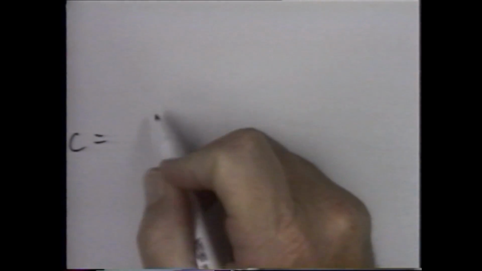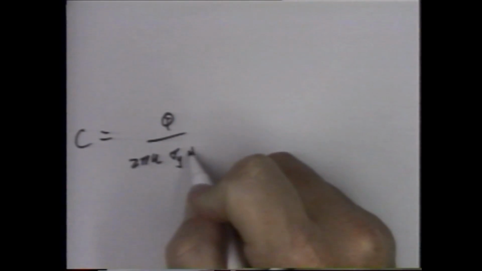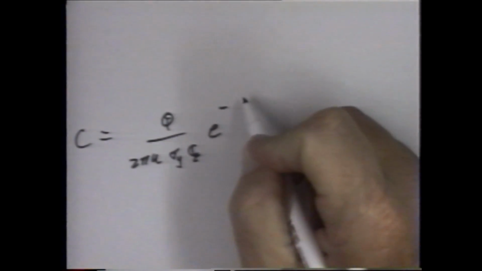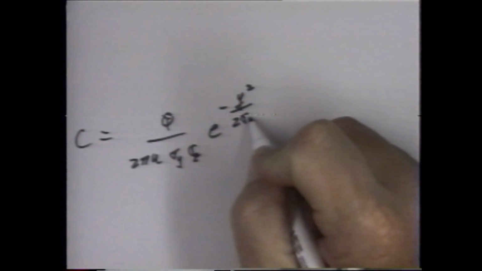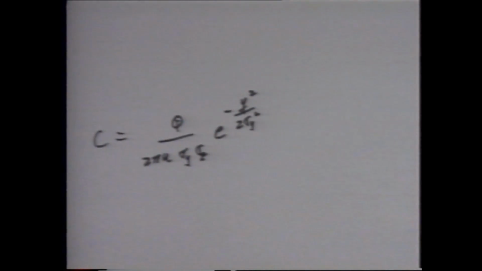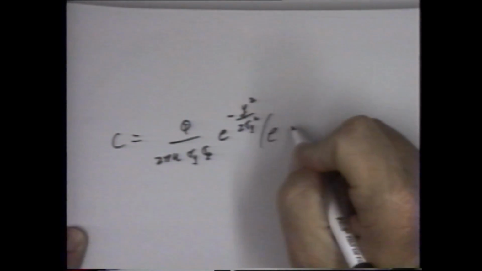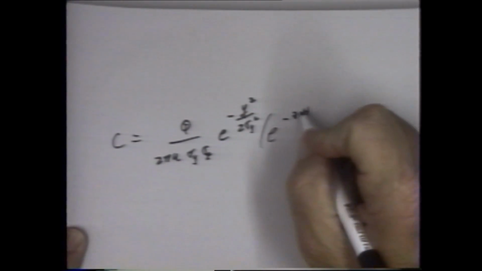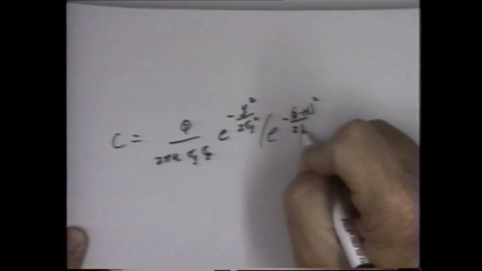All right, so we start with the Gaussian equation. C is equal to Q over 2 pi u sigma y sigma z, e to the minus y squared over 2 sigma y squared, e to the minus (z minus capital H) squared over 2 sigma z squared, plus e to the minus (z plus H) squared over 2 sigma z squared.